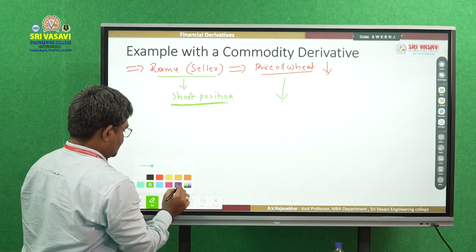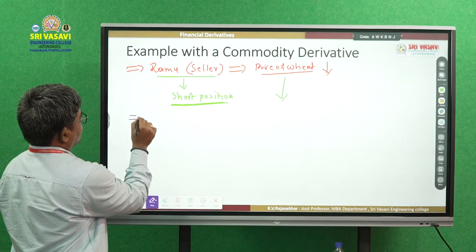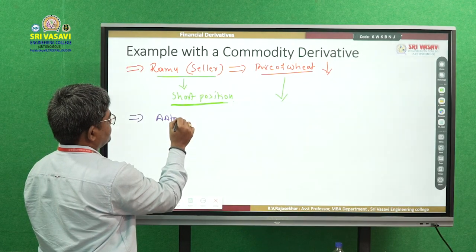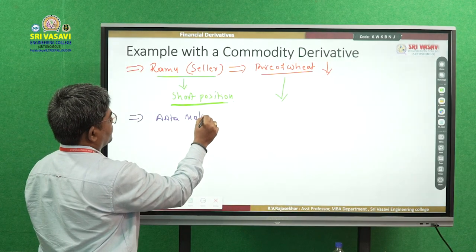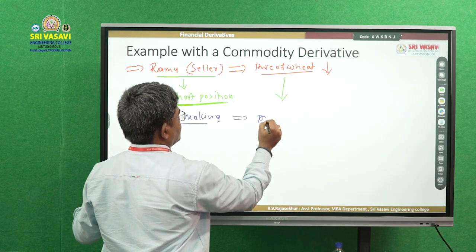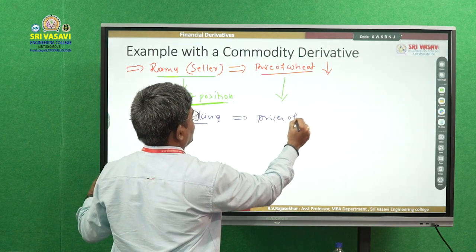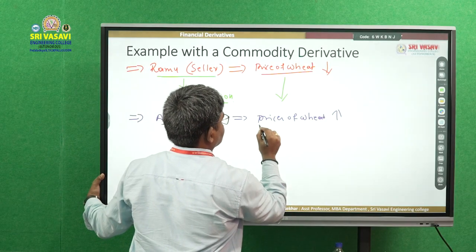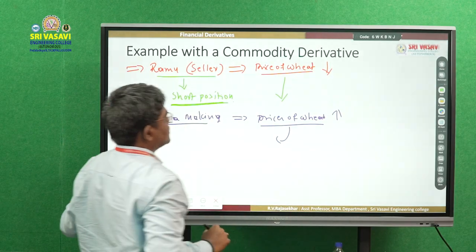Now we have the second party. Who is the second party? The second party is the auto making factory. What is his expectation? His expectation is that in future the prices of wheat will increase.